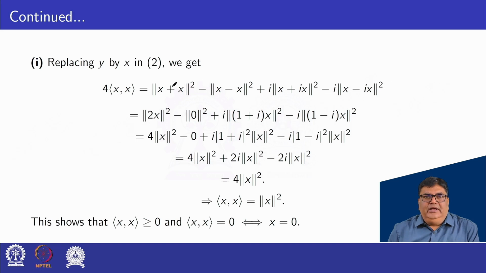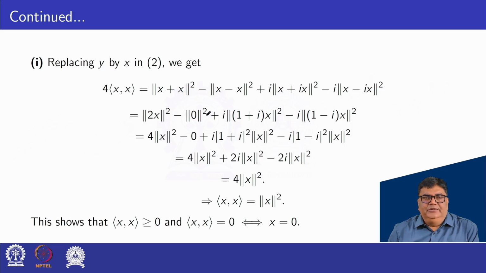Okay, so x plus x, that is 2x, so equal to norm 2x squared, this is norm 0 squared, and here x common, that is i into norm 1 plus i x squared minus i into, here also x common, so i into norm 1 minus i x squared.